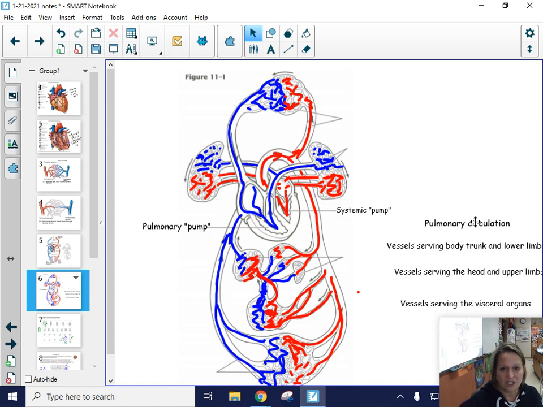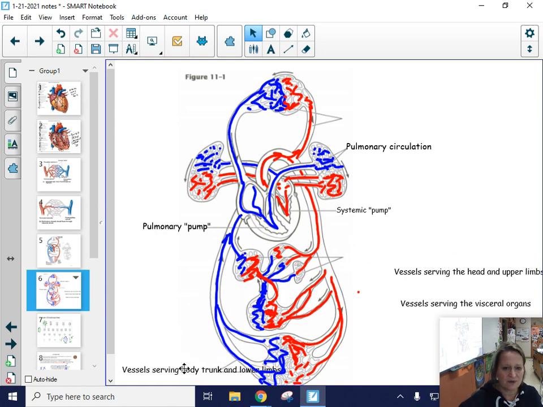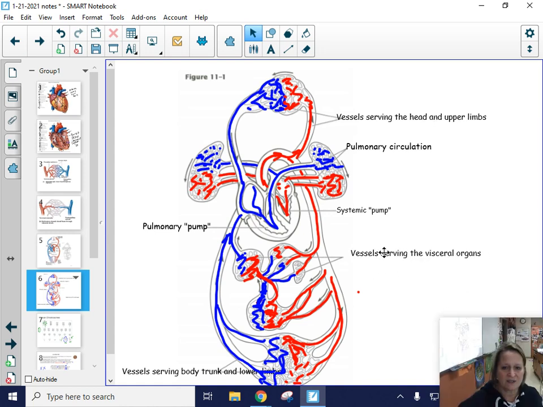Pulmonary circulation, that's the circulation of the lungs themselves. So that's right here. Vessels serving the trunk and lower limbs, that's going to be down here. And vessels serving the head and the upper limbs, that's going to be depicted up here. And then the vessels serving the organs are going to be in the middle.